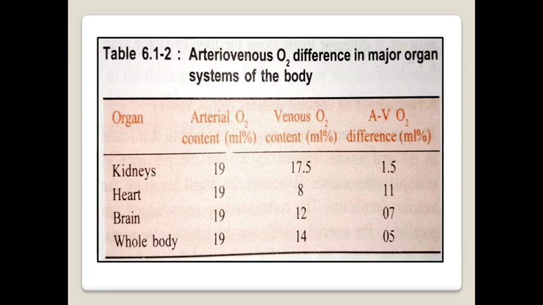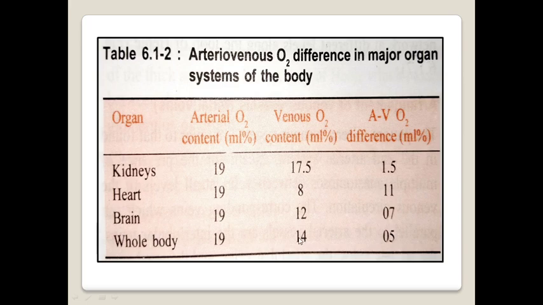If we compare with the coronary blood flow, we think that the heart has to get maximum blood supply, but it's not like that. The kidney gets around 400 ml per 100 gram of kidney tissue per minute, while the coronary tissue receives blood supply of only 80 ml per 100 gram per minute. The brain gets blood supply of around 55 ml per 100 gram per minute.